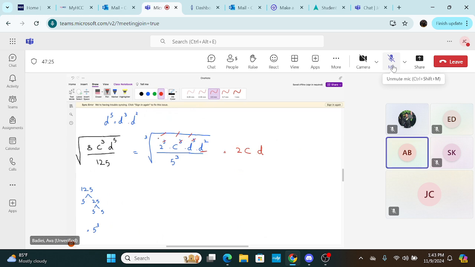This d, the 2 and 3 can't cancel, so you're going to keep it inside your radical. And then for 5, it also cancels. Now remember, these ones, 2, c, and d, were in the numerator. 5 is in the denominator, so you're also going to put it in the denominator. And this should be your final answer.